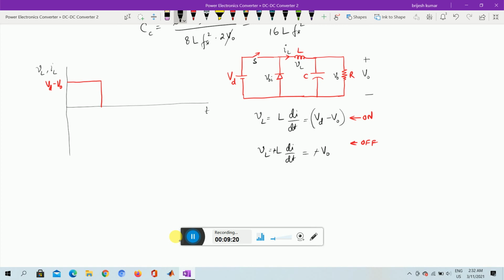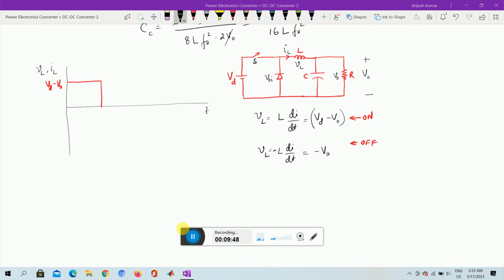So we have VL equal to minus V0. There is no point of cancelling these terms, because this term can be cancelled in case you are equating this di value, or else we don't require this.